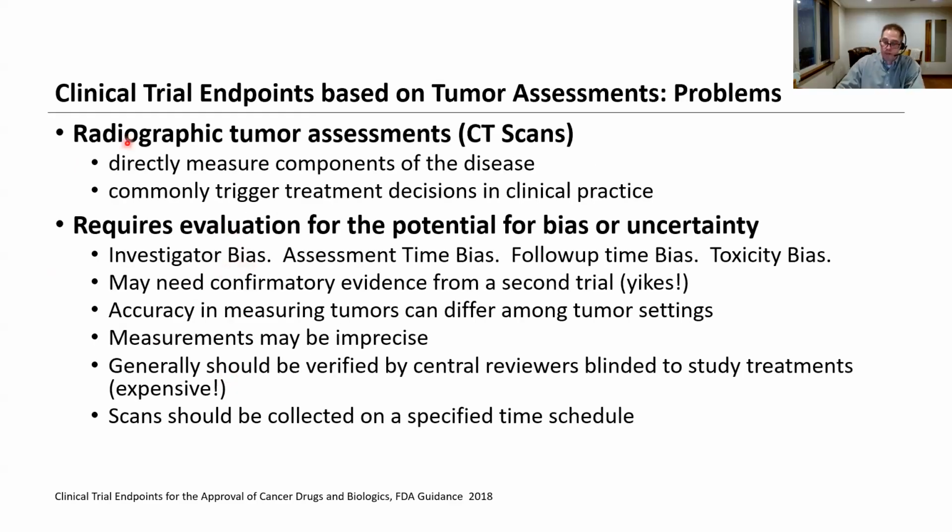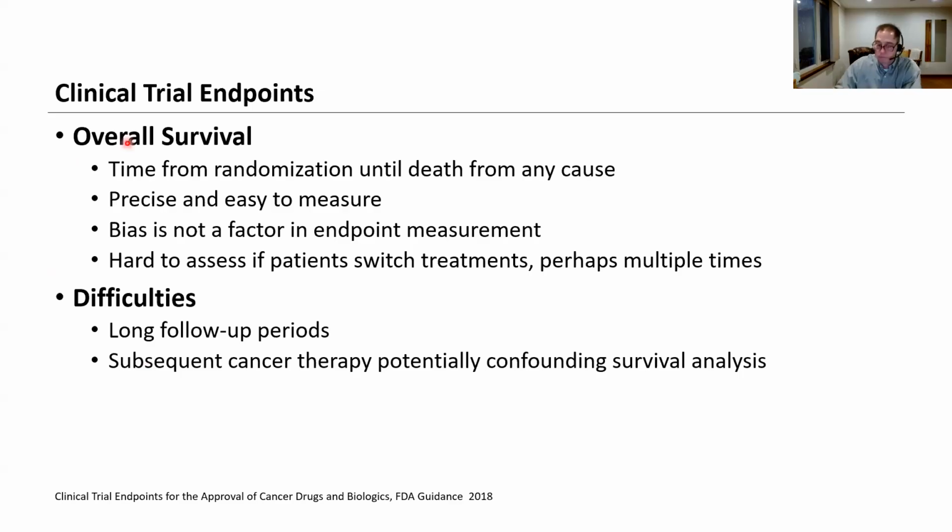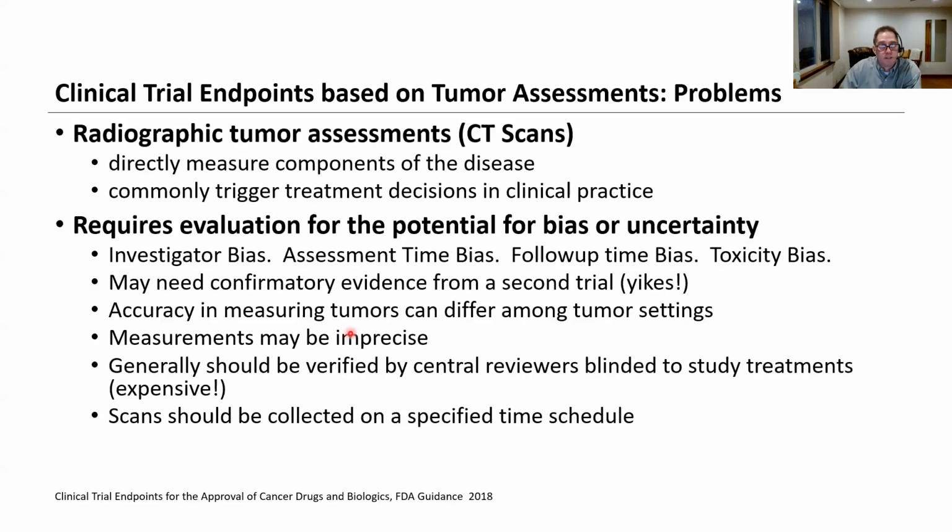So if we can't use overall survival because, for example, the follow-up period is too long and it makes the study infeasible, then we have to find some other clinical endpoint that happens faster, right? And so this gets into endpoints that are based on tumor assessments, right? In which there are several problems with these.